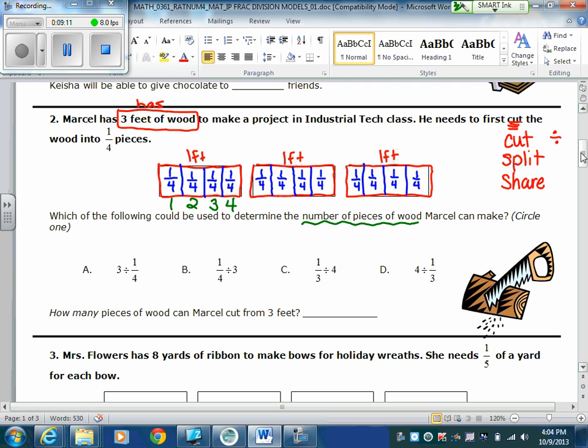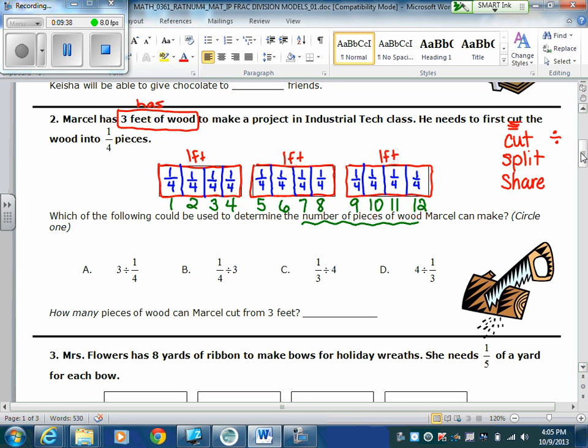Then he goes on to a second foot. We cut another, now I have 5 pieces of wood. Keep going for 6, 7, 8. Our last section, he cut the same, so that would be a 9th piece of wood, 10th, 11th, and 12th piece of wood.